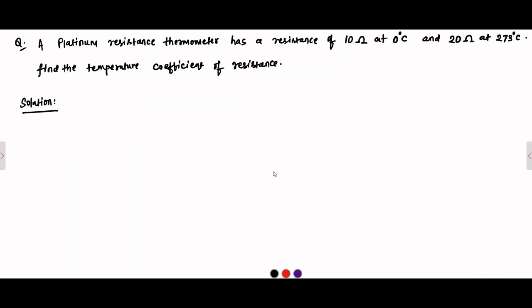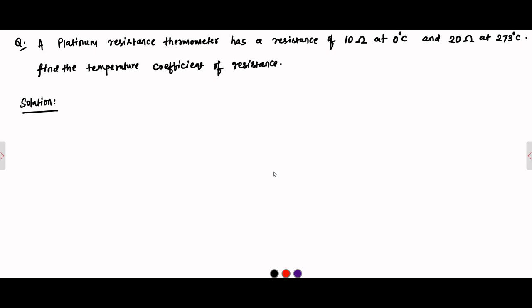So here is another question on temperature measurement and temperature scales. It is given that a platinum resistance thermometer has a resistance of 10 ohm at 0 degrees Celsius and 20 ohm at 273 degrees Celsius. Find the temperature coefficient of resistance.